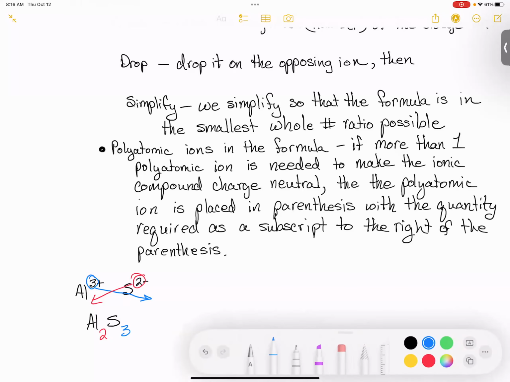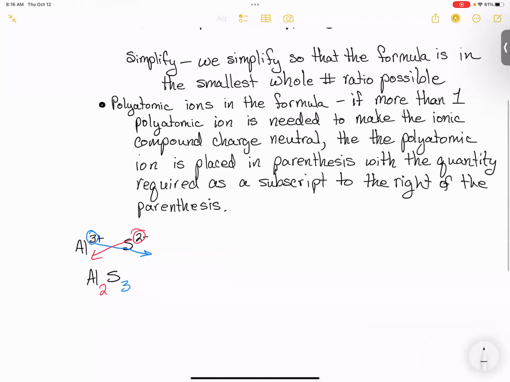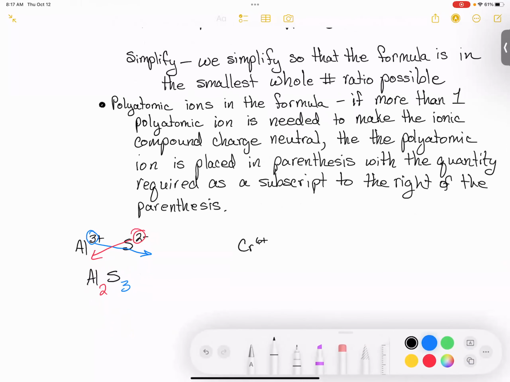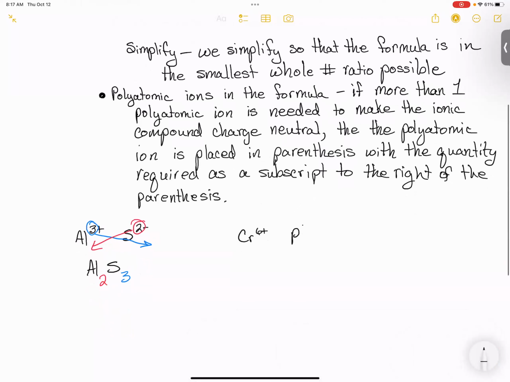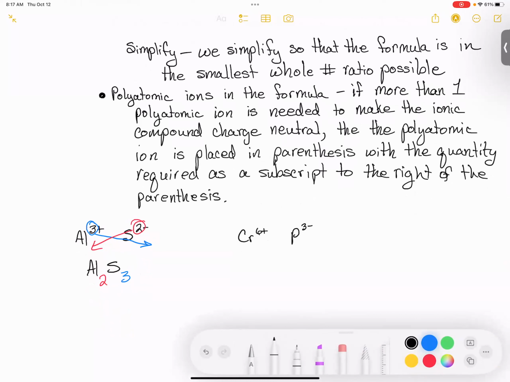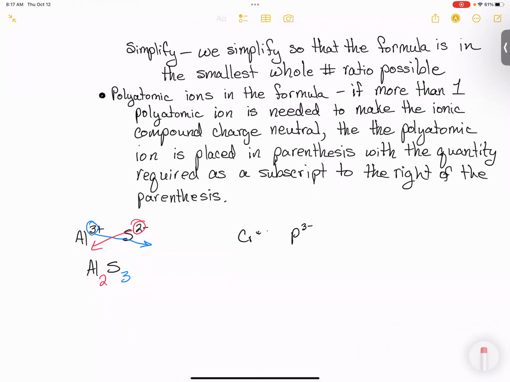Let's look at another one. Let's look at chromium 6+. And we're going to mix that with phosphorus. And what is phosphorus's charge? 3 negative because it's in group 15. We're going to take the 6 from the chromium and drop it onto the phosphorus.